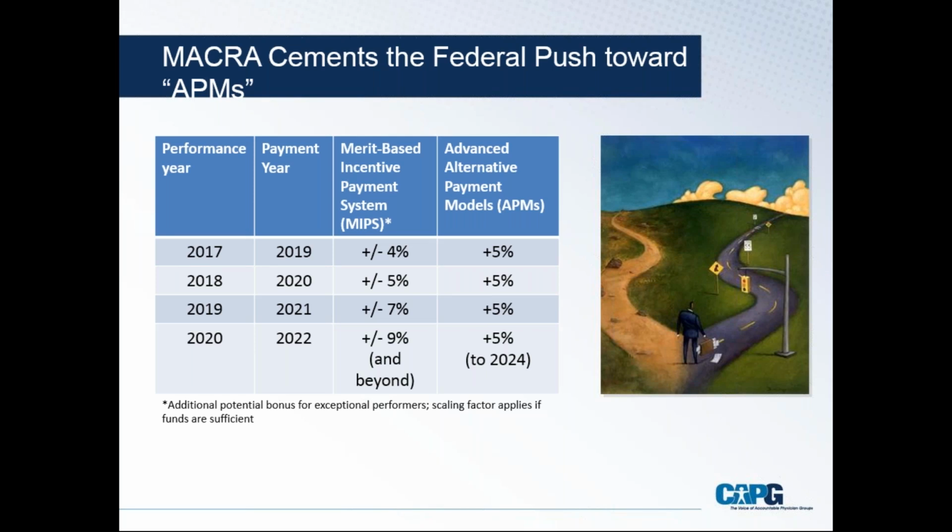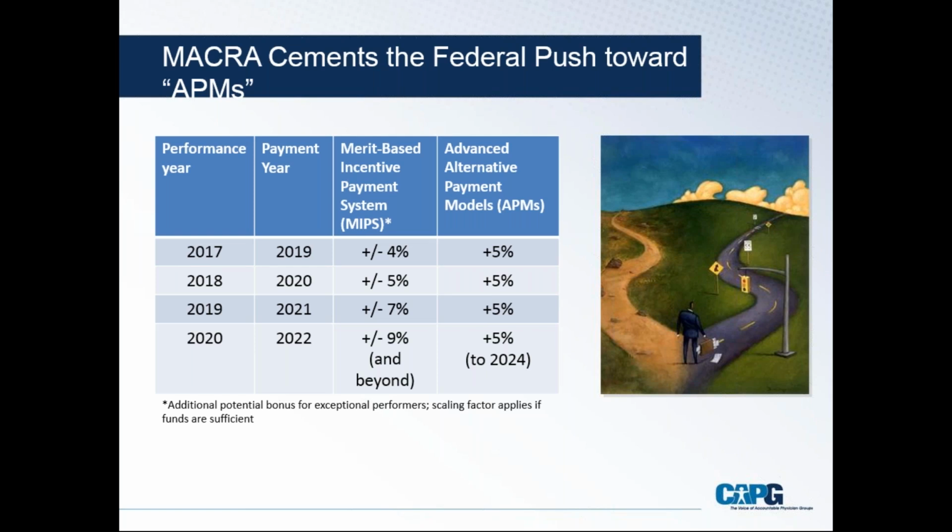So if that MIPS path option seems unattractive to you, and I can tell you for many of my members it is quite unattractive, not just because of the financial component, but also because of the burdens of reporting and other rulemakings that you need to follow, you have a second option, that is participating in an advanced alternative payment model.